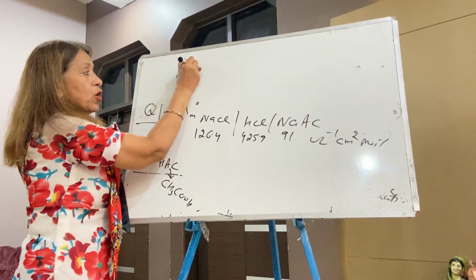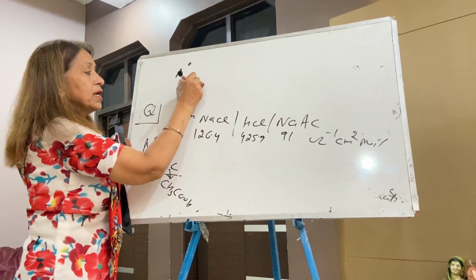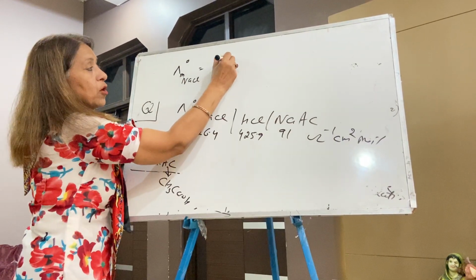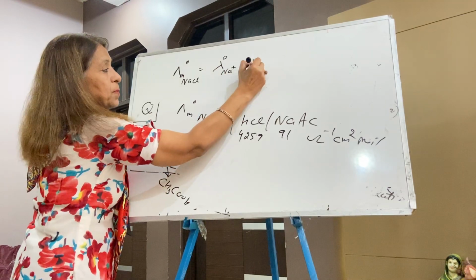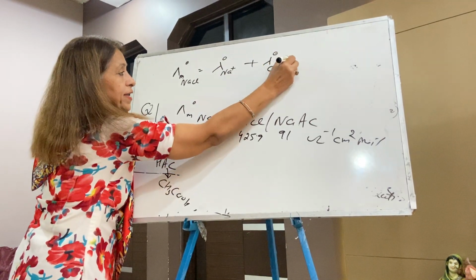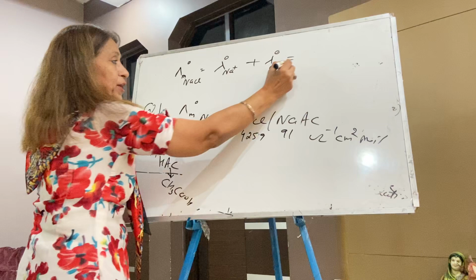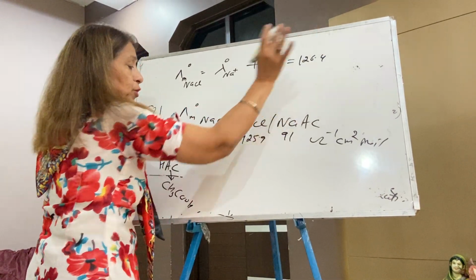Lambda m naught of NaCl is equal to lambda naught of sodium ion plus lambda naught of chloride ion, which is equal to whatever the value is given, 126.4, either unit.